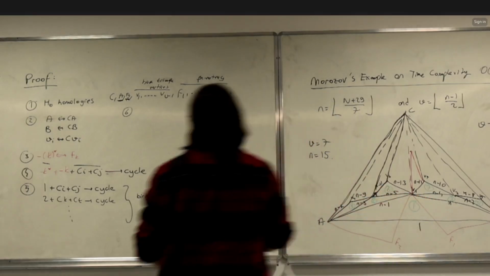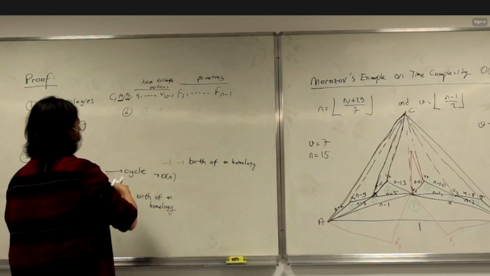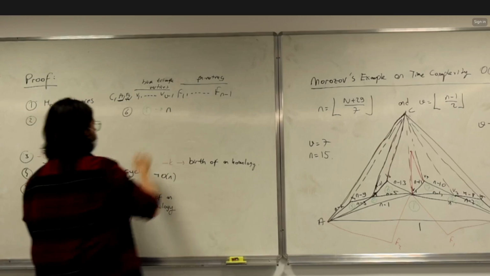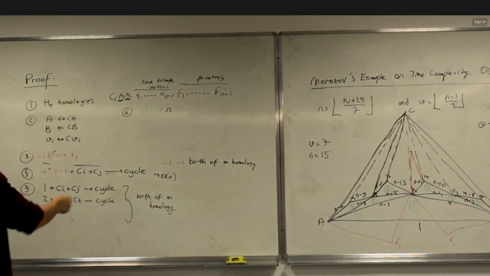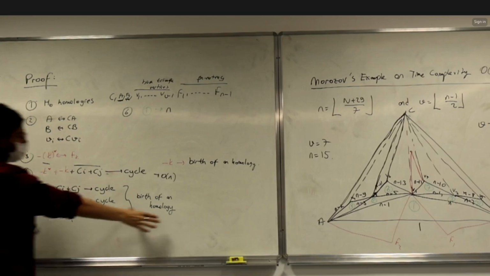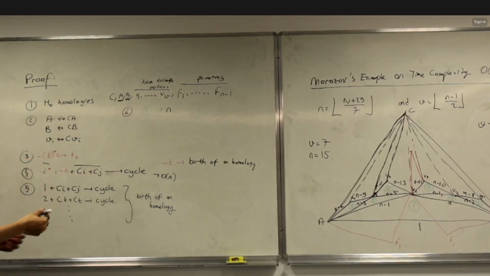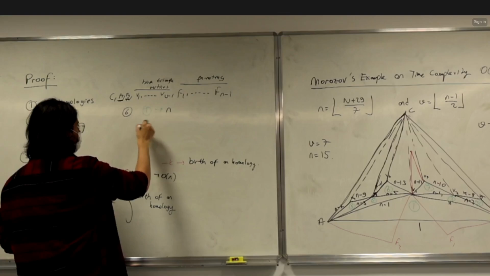So 1 is directly paired with n. Again, we expect that because every edge here results in a birth of a homology, and at the sixth step, we kill those homologies.